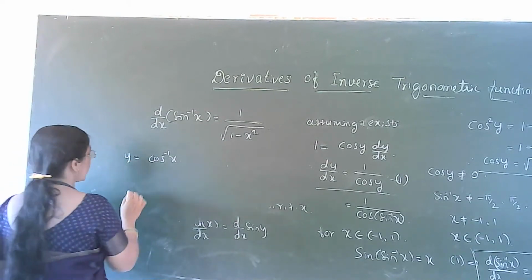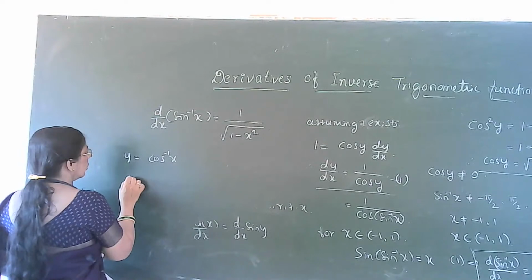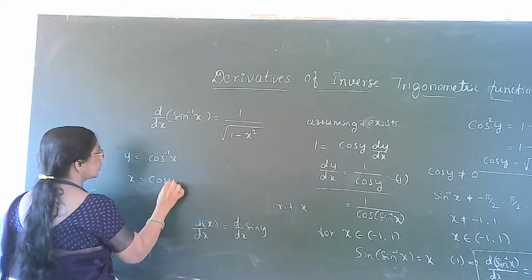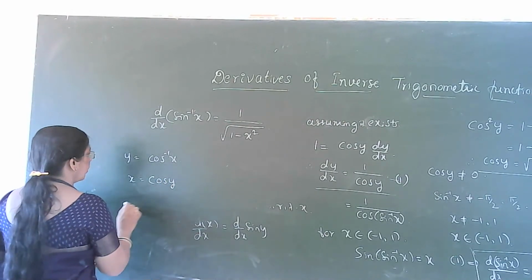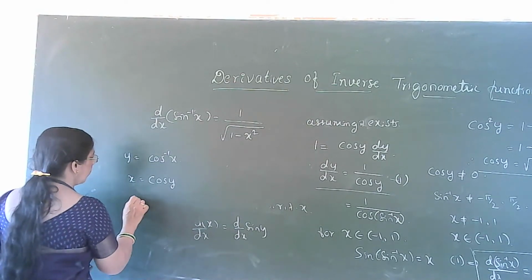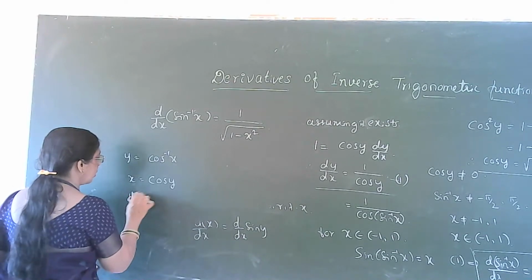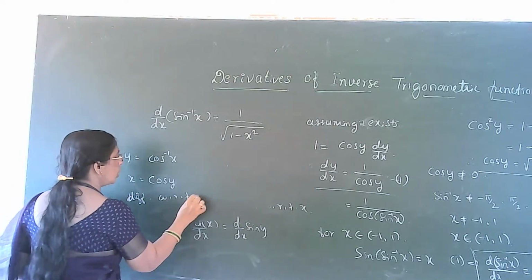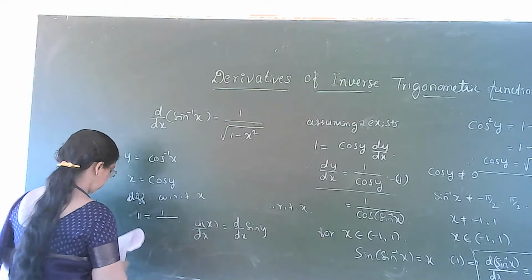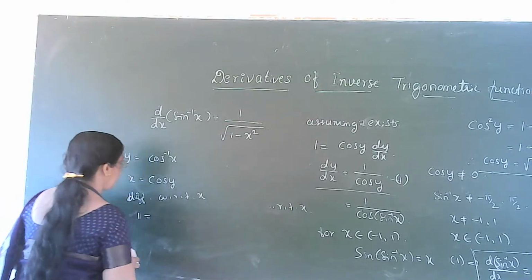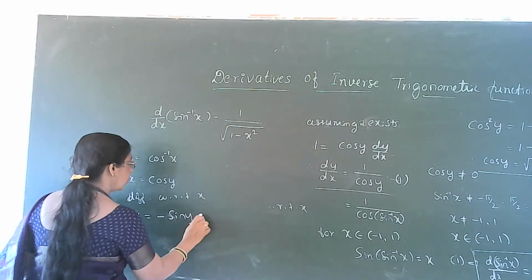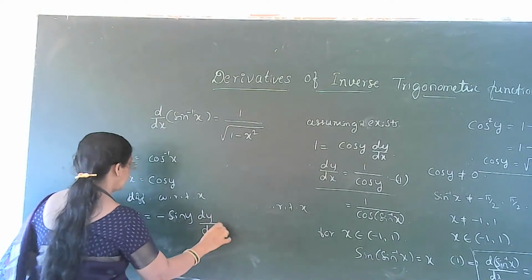Y is equal to cos inverse x. Here, x is equal to cos y. Then differentiating both sides with respect to x, we get 1 is equal to minus sin y into dy by dx.